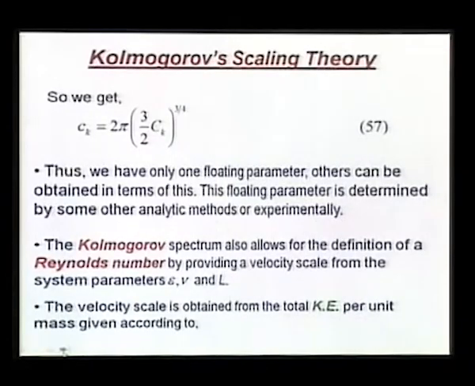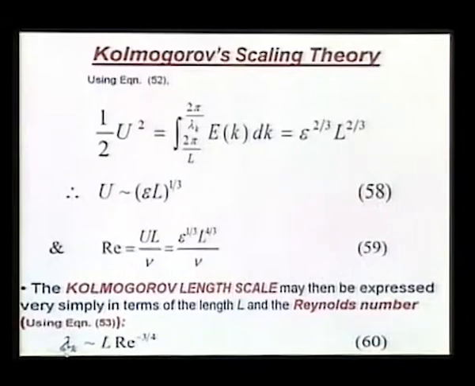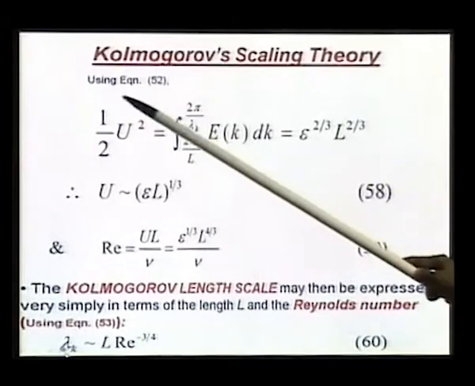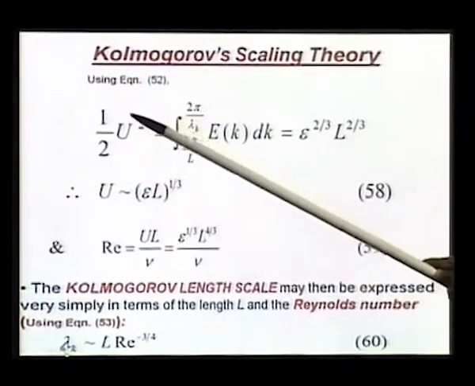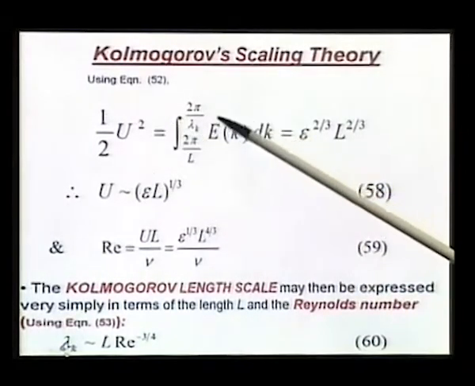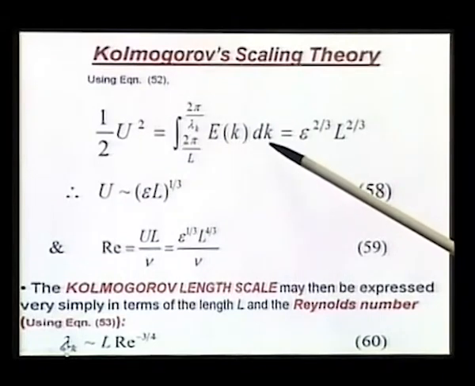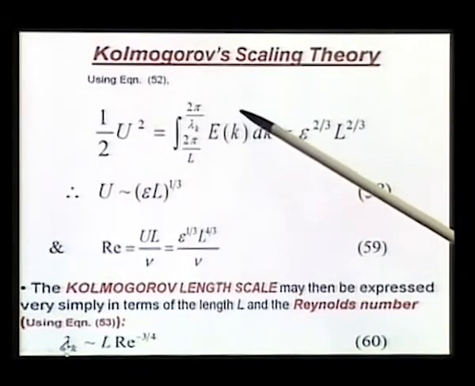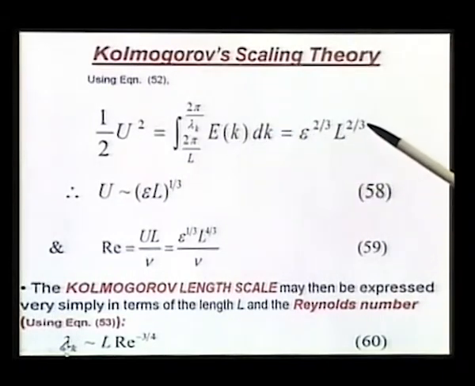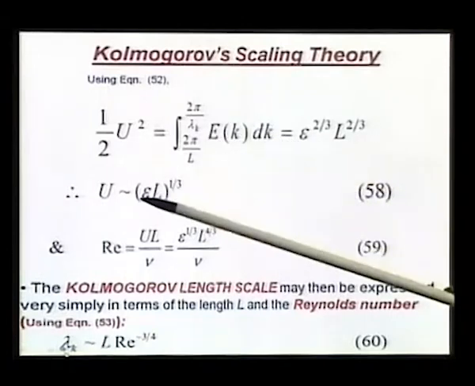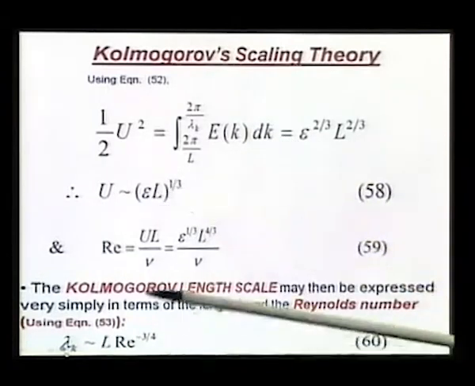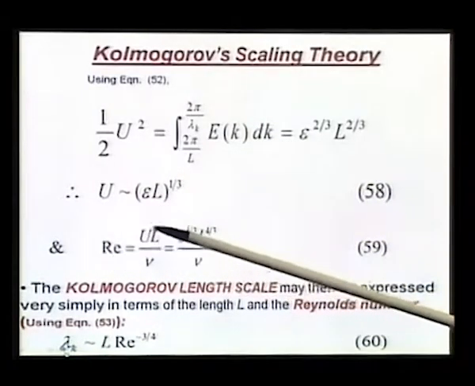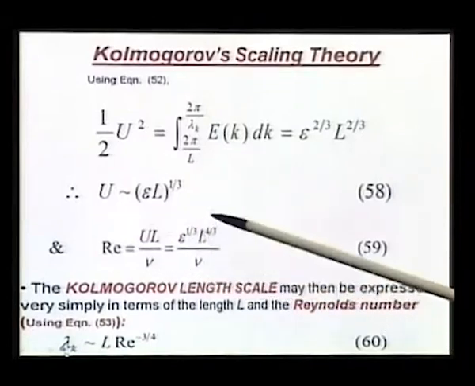So, that is given according to this, and then we find that this is a specific kinetic energy that is by definition given by this E of k dk, and this E of k I have already gotten that expression, I substitute it there. So, I find u goes like this. So, if I look at Reynolds number, that is u L by nu, it goes like this.